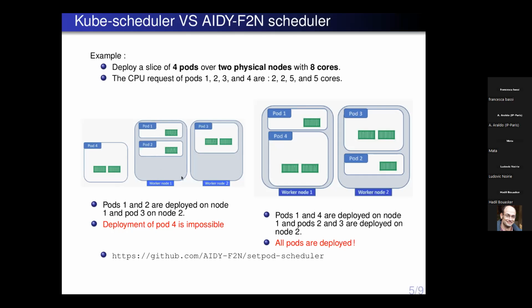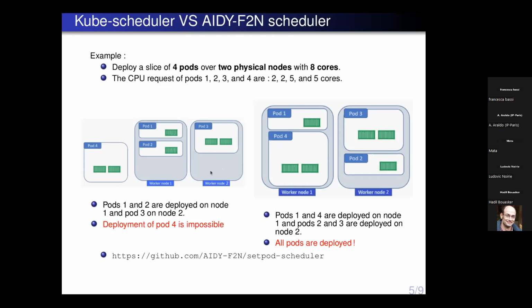You can find a lot of examples. Maybe it will do another scenario, but no matter how the Kubernetes scheduler does this, you will always find an example where it is not done in an efficient way. As you can see here, pod number 3 needs only 5 cores, so you will deploy it on this node.